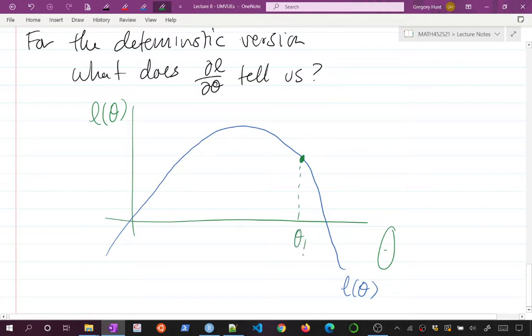In this case, dl d theta would be negative, pointing that way.